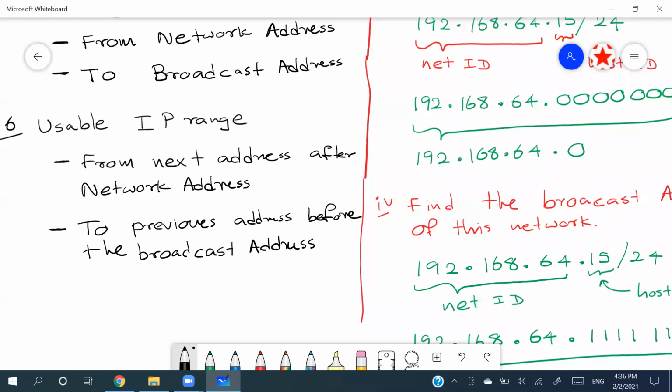Right? So the next address after the network address, according to this calculation, is going to be 192.168.64.1.